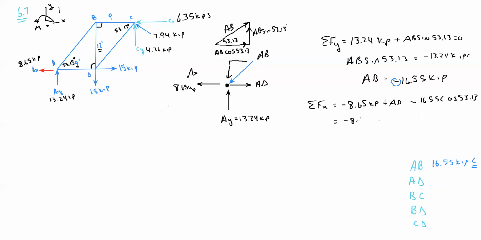Negative 8.65 kip plus AD. Very quickly, let me calculate that out.